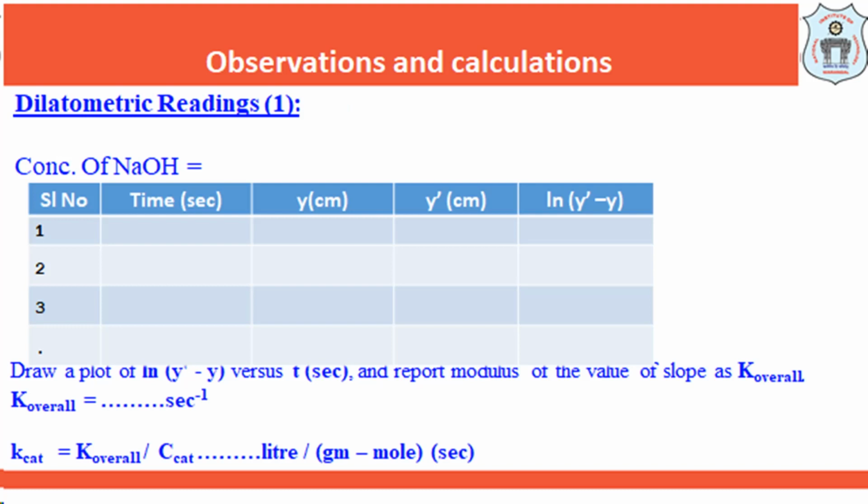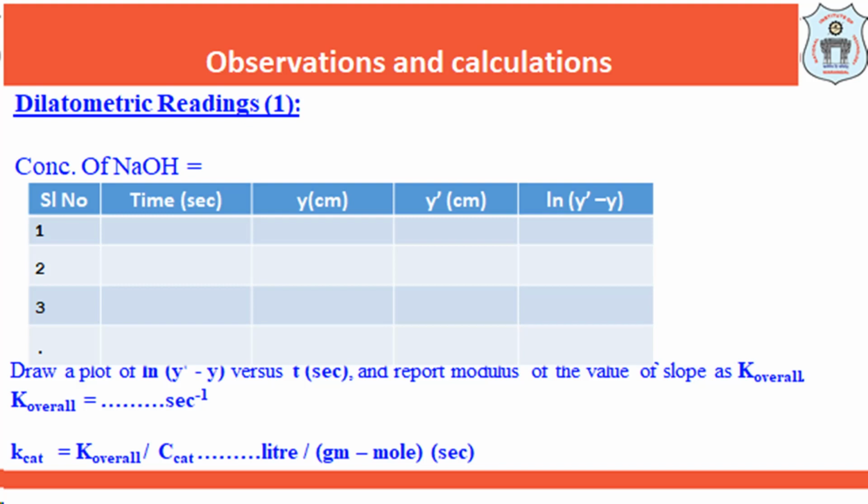So for different time in seconds, we will have the liquid level readings. That will be denoted by Y and Y dash. So suppose there are 18 readings, then 9 should be taken as Y and the remaining 9 will be taken as Y dash.